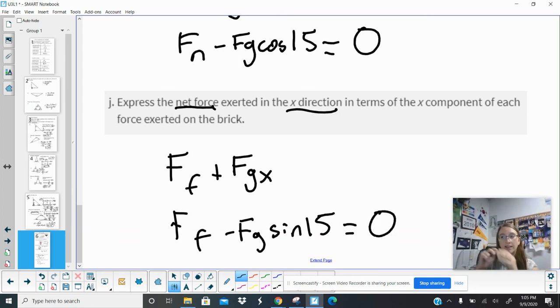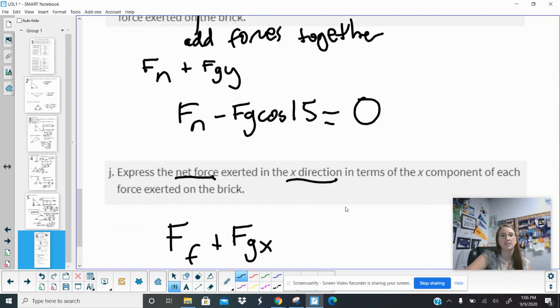The force of gravity in the x direction is not great enough to fight against friction. As we continue to increase the angle, if this were a bigger angle, eventually that's why it would start to slide. This would eventually get bigger than the force of friction, and the brick would start to slide as we increase that angle.